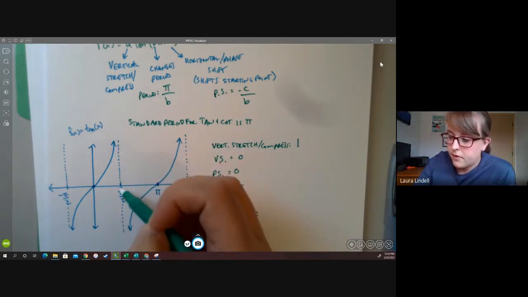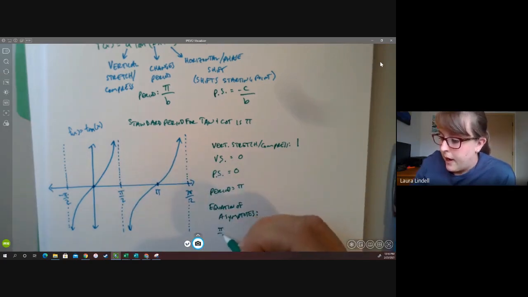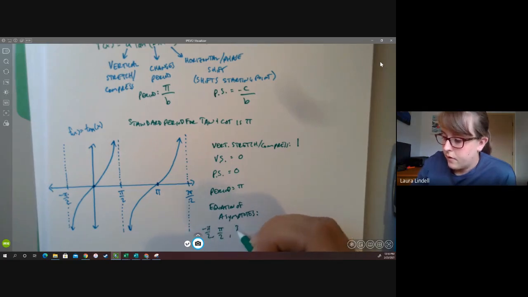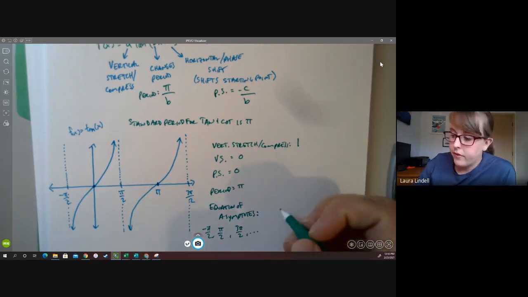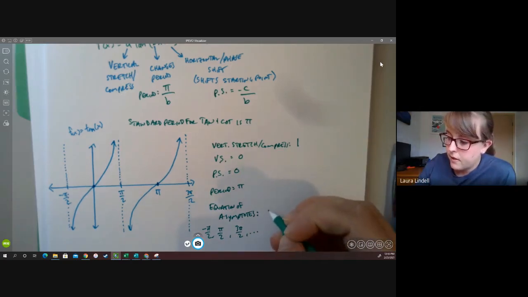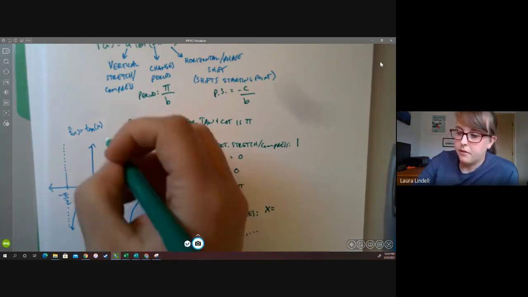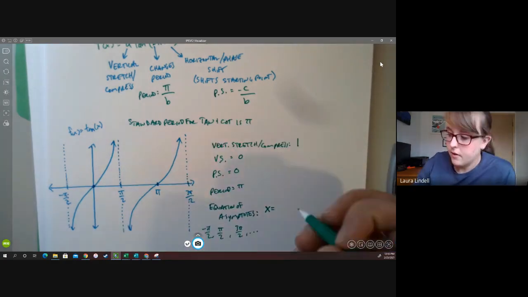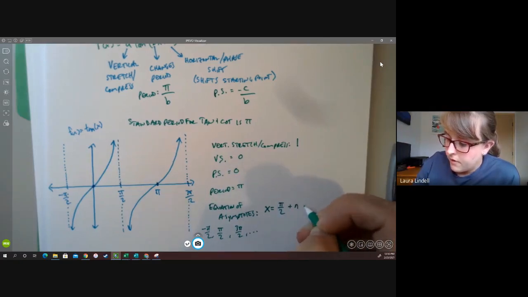We know the asymptotes are on things like pi over 2, negative pi over 2, 3 pi over 2, and so on. We're adding a pi each time, right? So the equations of the asymptotes are x equals, because they're vertical lines, pi over 2 plus n pi.